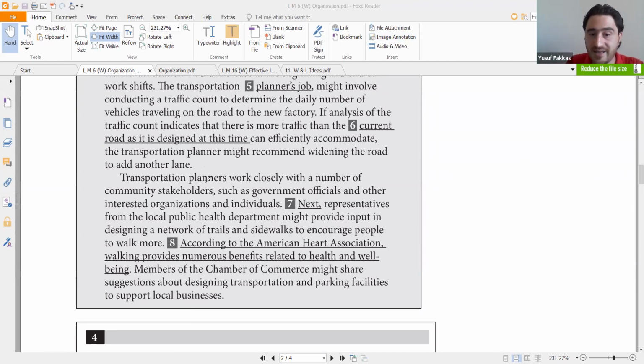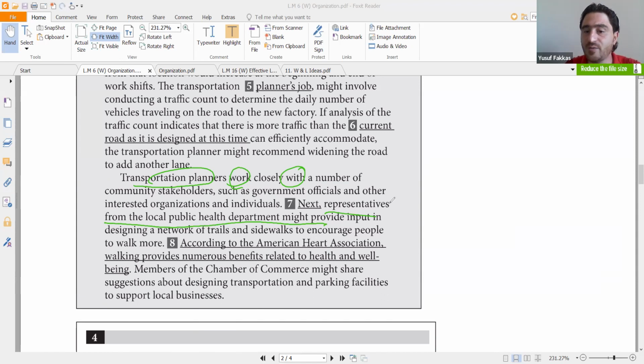We already read this part, so we said the first sentence is talking about who transportation planners work with. And when we read the second sentence, we have, for example, representatives from the local public health department.